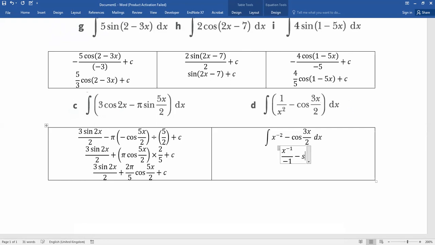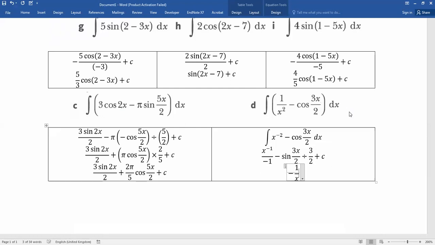The integral of cos is sine of 3x upon 2, and then divide the entire thing by 3 over 2, which is the derivative of that. You can just multiply it by 2 over 3 as well, minus 1 over x, minus then 2. Okay, I'll just write it as this.